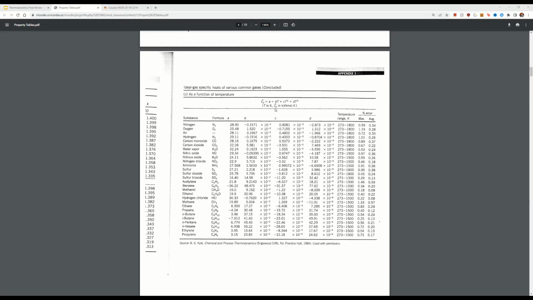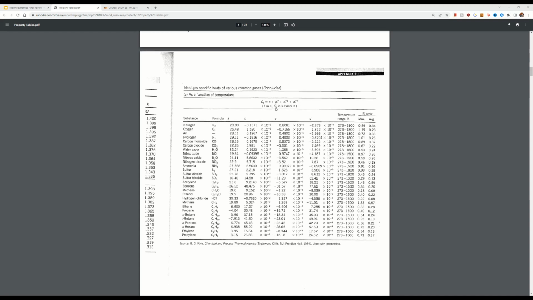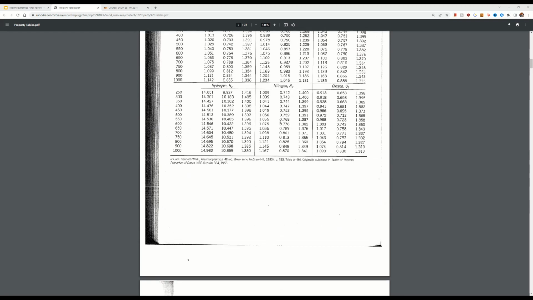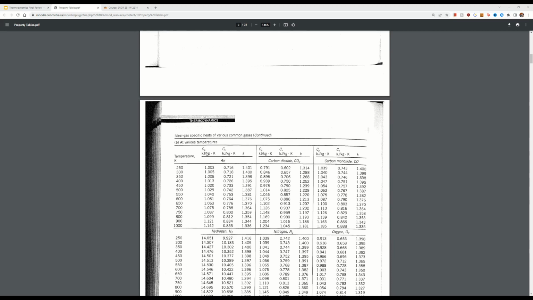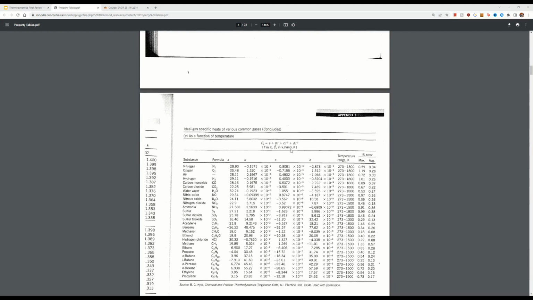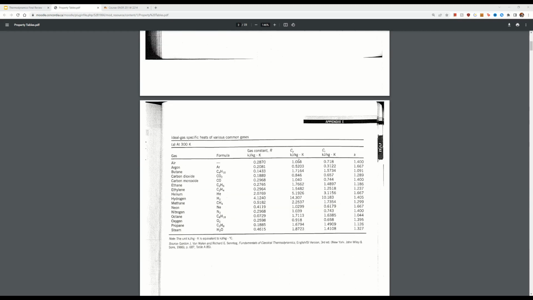Now, just be careful. This CP value is not the same as this CP value. This one is kilojoules divided by kilograms times Kelvin. This one is kilojoules divided by kilomoles times Kelvin. So you'll have to divide this CP value by, I think, the molar mass.